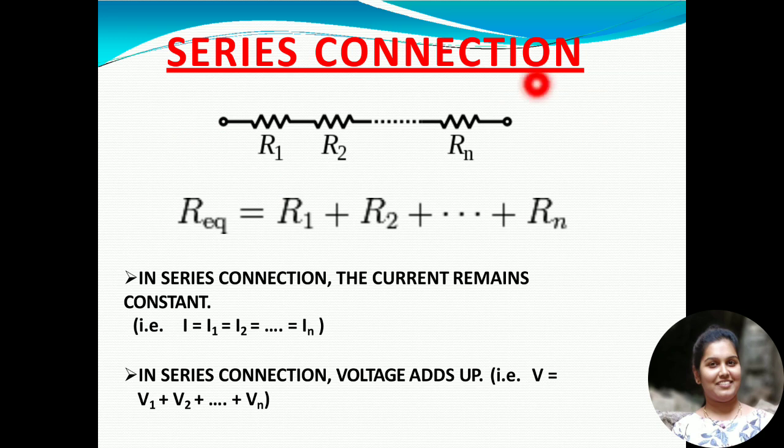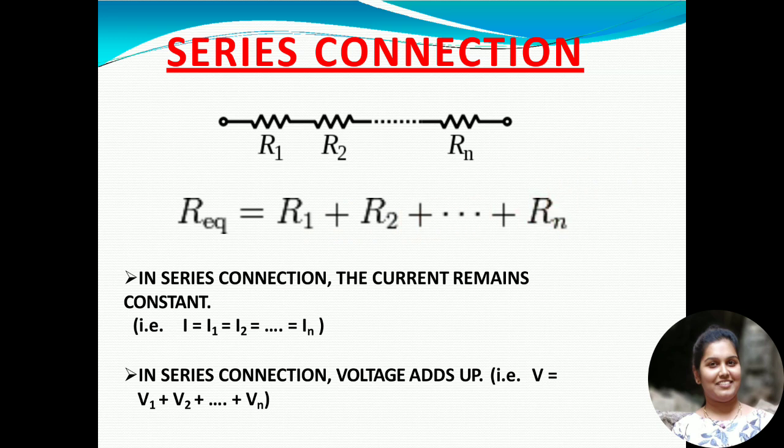If we calculate the resistance of the given circuit, the total or equivalent resistance can be written as R equivalent equals the sum of all the resistors which are connected in series. So the expression is R equivalent equals R1 plus R2 plus R3 up to Rn.